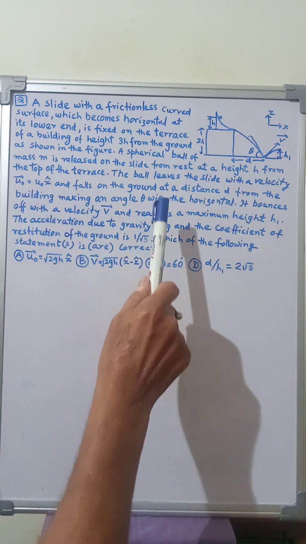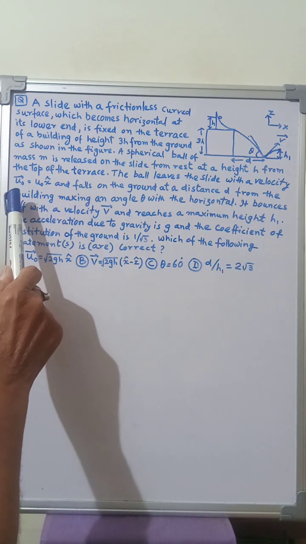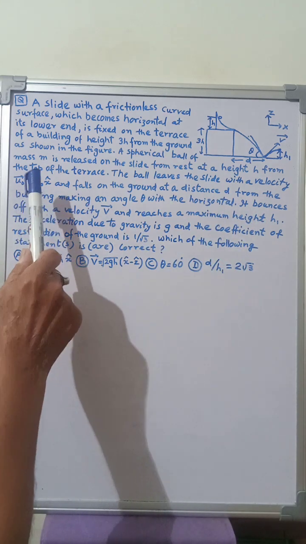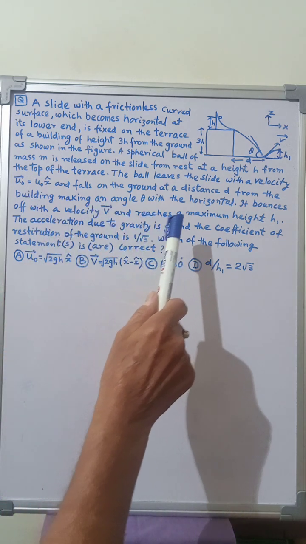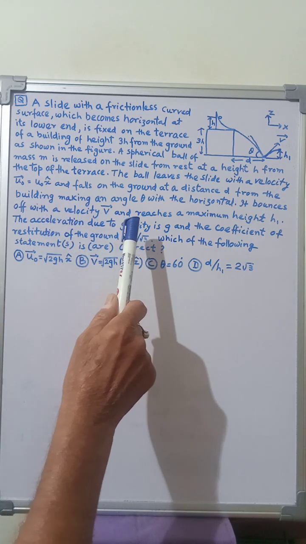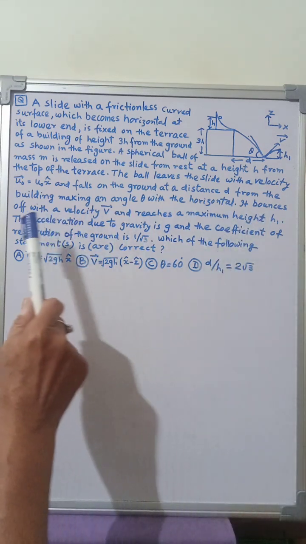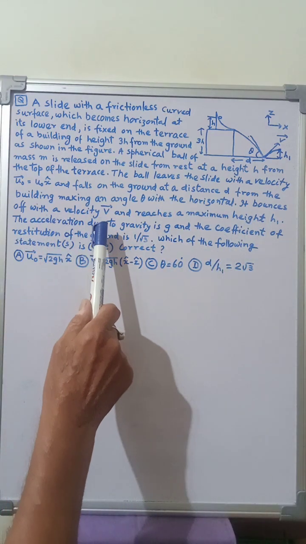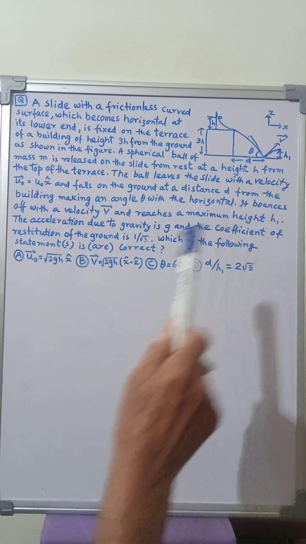The ball leaves the slide with a velocity vector u0 = u0 x cap and falls on the ground at a distance d from the building, making an angle theta with the horizontal. It bounces off with a velocity v and reaches a maximum height h1.